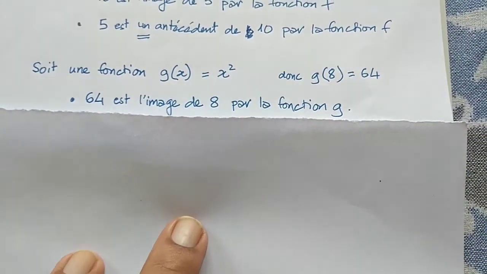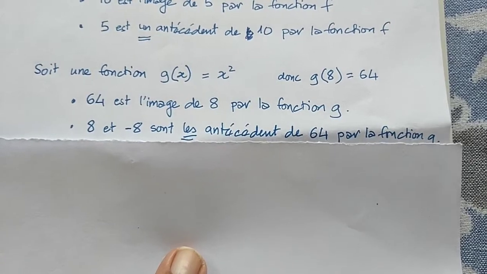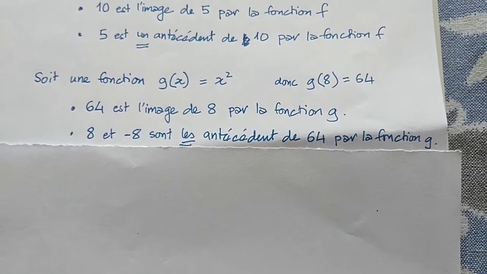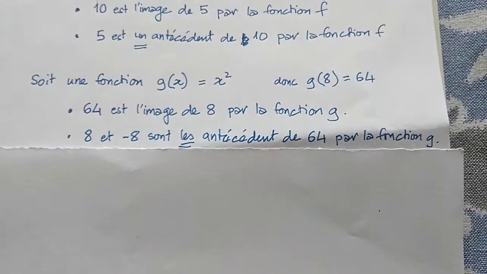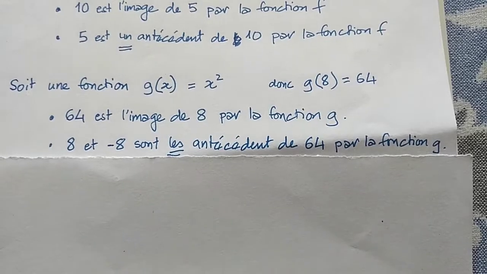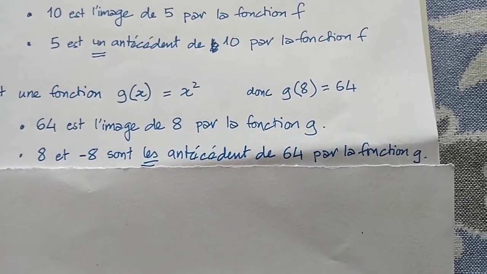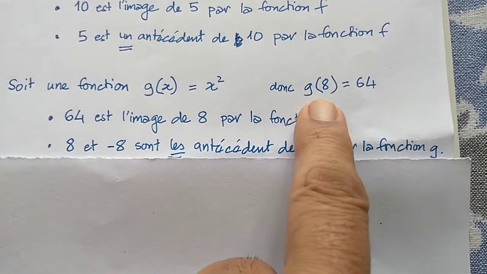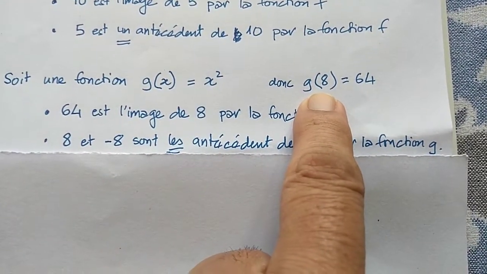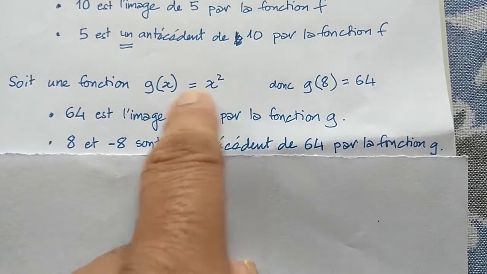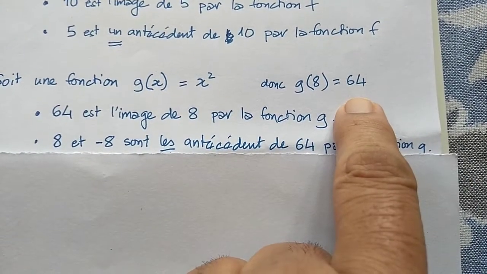But now for the antécédent, you have two antécédents for the same output, two inputs for the same output. 8 et moins 8 sont les antécédents de 64 par la fonction g. Why is that? Because if you put g of minus 8, you will take the square of minus 8, you will still get 64.